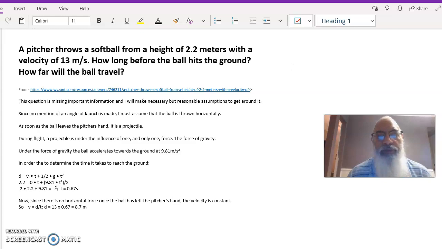They are usually projected at some angle between the vertical and the horizontal. And without knowing the exact grade level at which this question has been posed, I have to assume that they want us to take the direction of flight to be horizontal, at least at the moment of projection. And then, of course, under gravity, it will move however it moves.